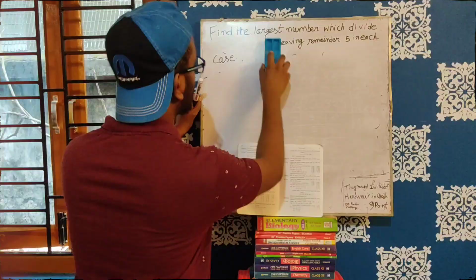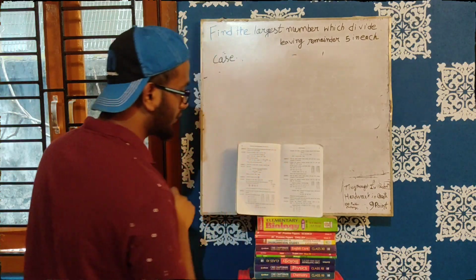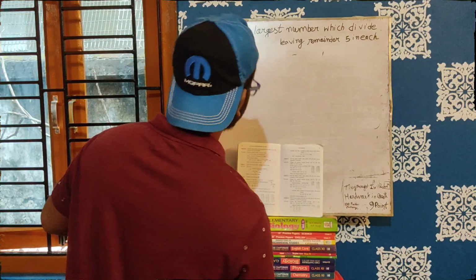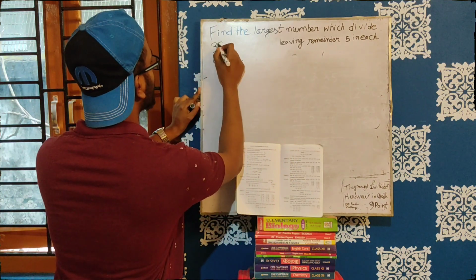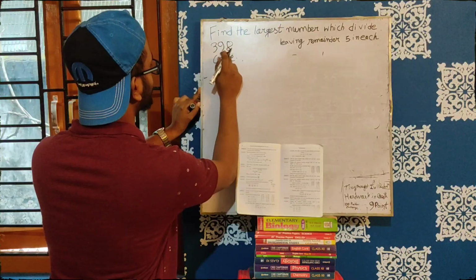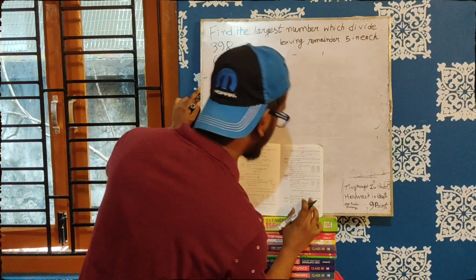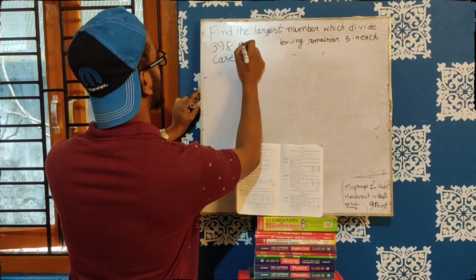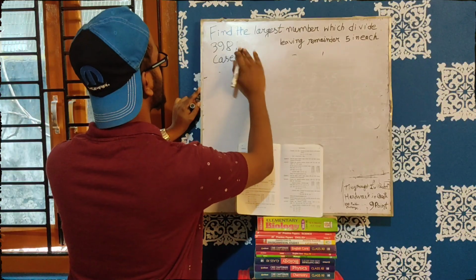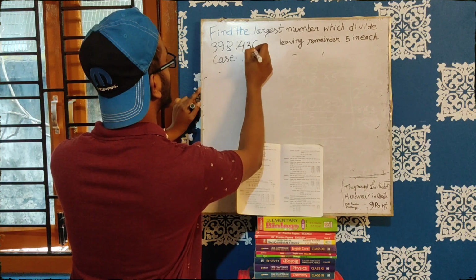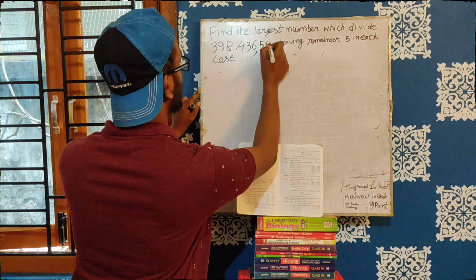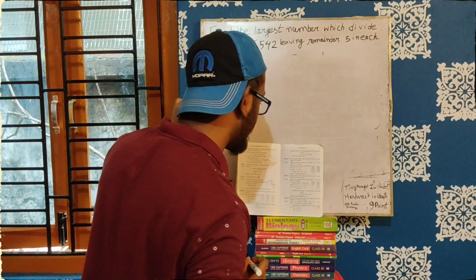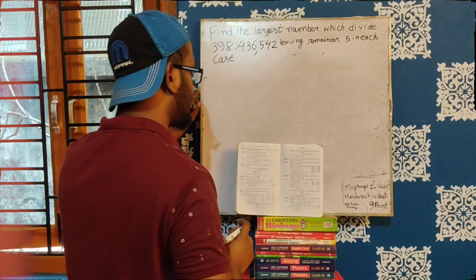I hope this area is properly visible, but don't worry, I will say it. Find the largest number which divides 398, 436 and 542, leaving remainder 7, 11, 15 respectively.